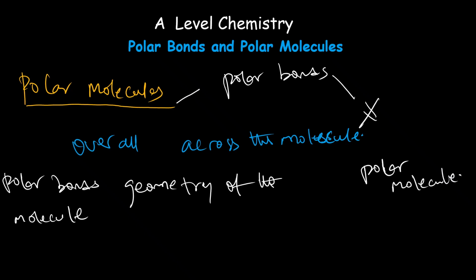All right, now let's take an example. Carbon dioxide, for example, CO2. Now, the central atom here is carbon, right? And carbon is bonded to oxygen, one on this side and one on this side. As you can see, the geometry of this molecule is straight. And we know that there is a polarity between carbon and oxygen, that is, oxygen is more electronegative than carbon.